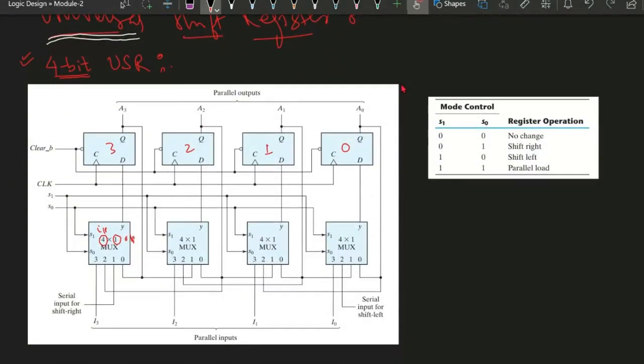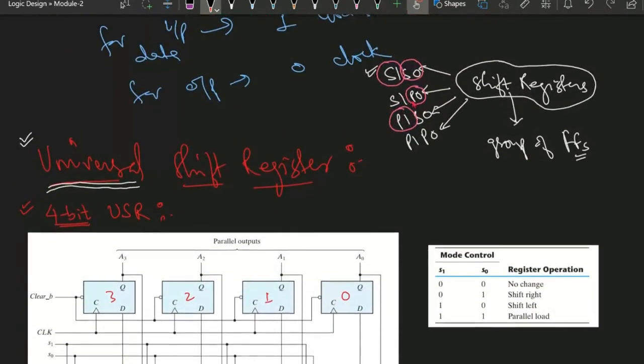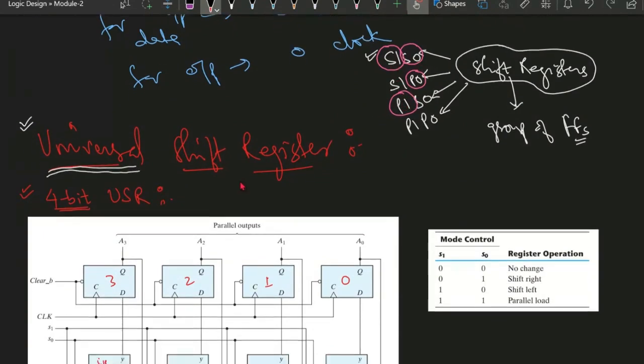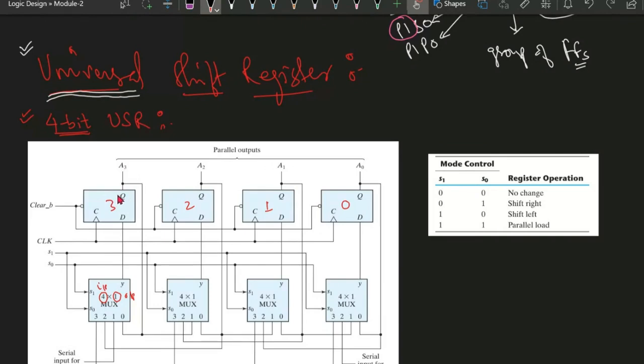Okay, so if it is serial in and serial out, the output that is available at the first flip-flop should be given to the input of the second flip-flop. That is basically constituted by the mux only.